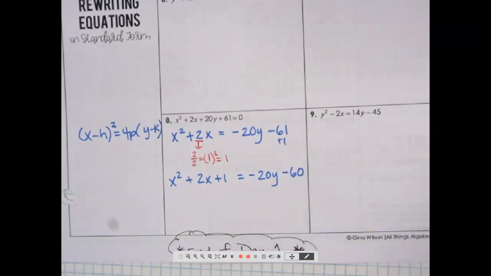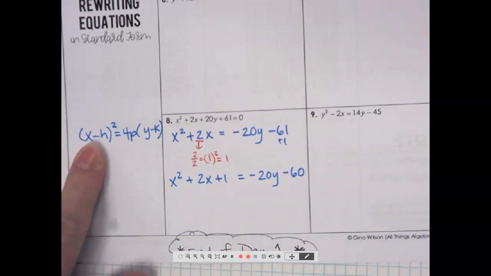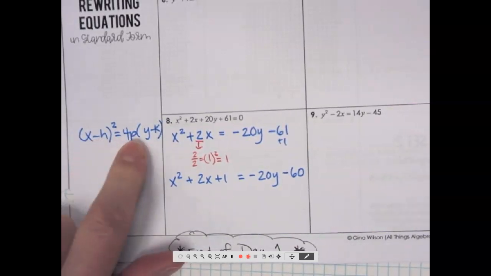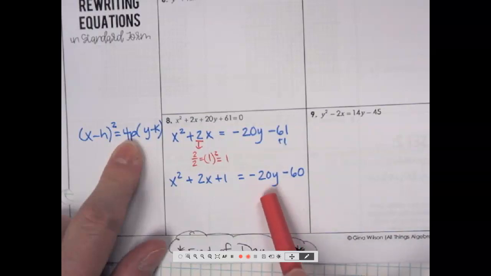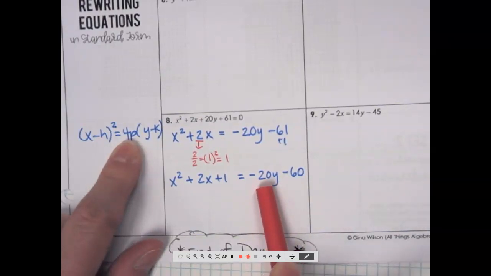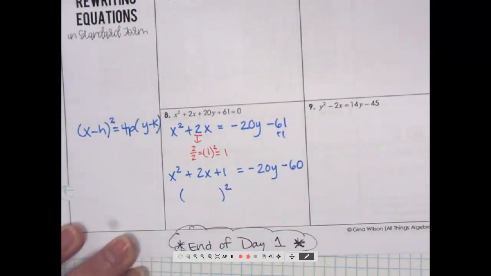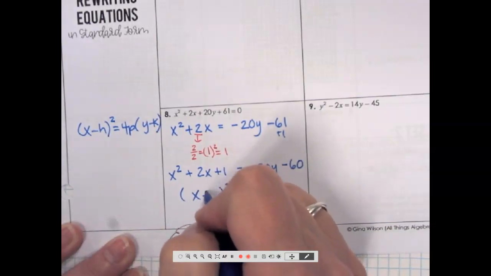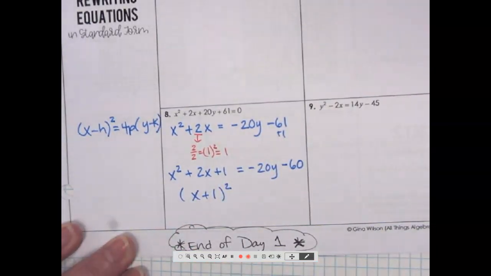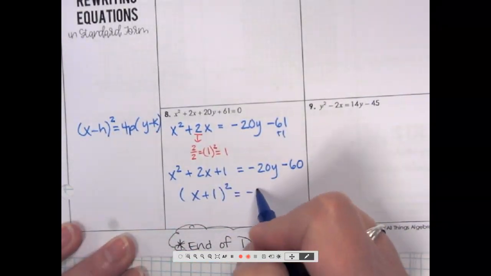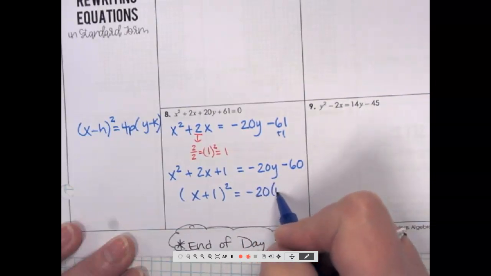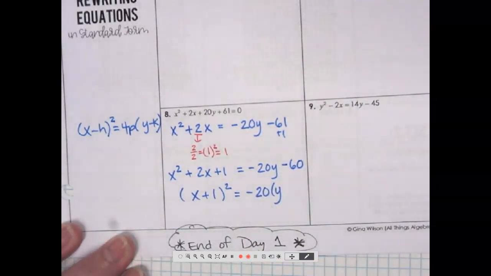Now we're almost done because I just want to factor the left and then bring out that coefficient on the right, whatever's in front of y, in this case a negative 20. So what are my factors on the left? X plus 1, x plus 1. So we write that x plus 1 squared. I'm going to bring that negative 20 out front, and that becomes y.